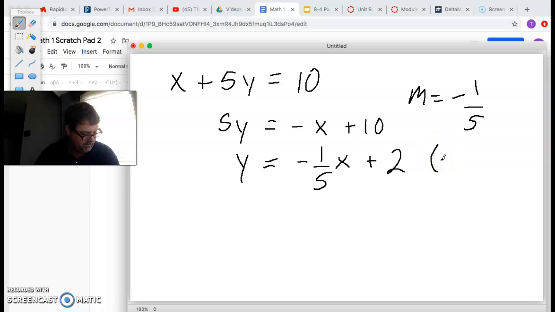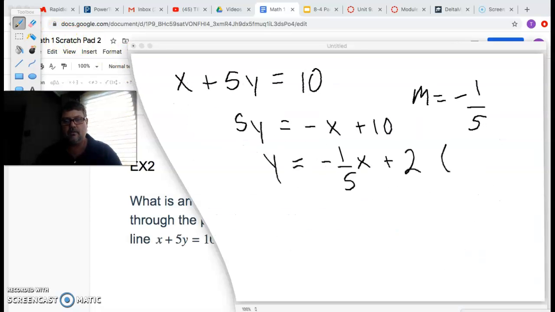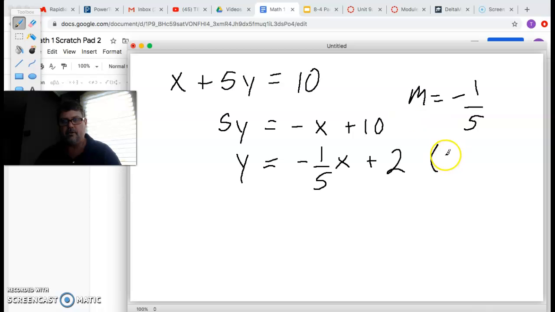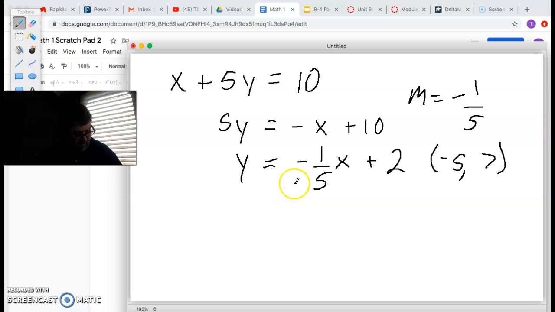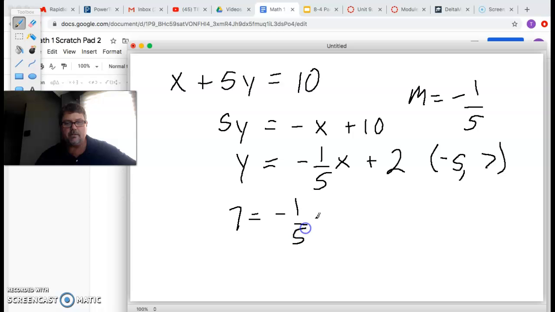Now I'm told to go through the point negative 5, 7. All right. So to do that, just like the last video, we're going to substitute 7 for y. There's my slope coming in. We're going to put that negative 5 in here.